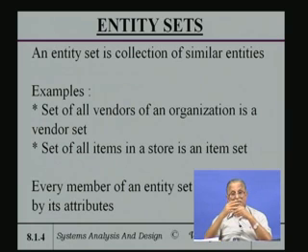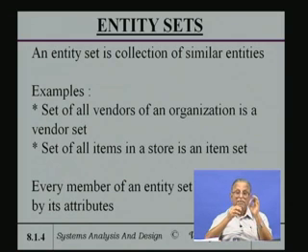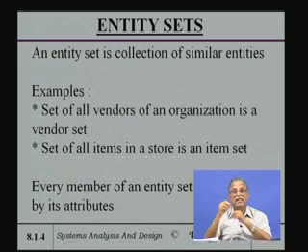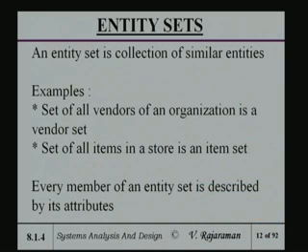The set of all vendors who are supplying items to the organization is a vendor set, where the elements are entities, as individual vendors are members of the entity set. As you know, in a set the members all have a common property. A set consists of a number of similar items.